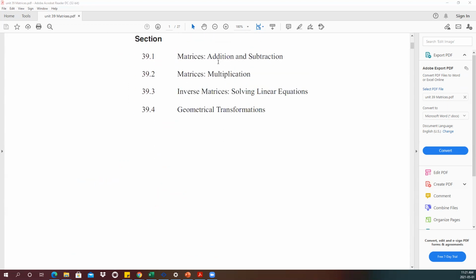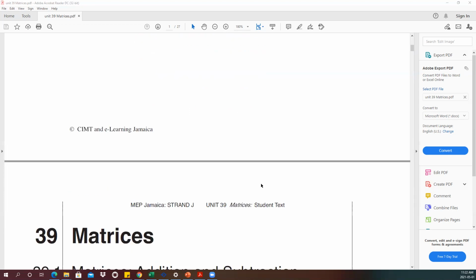What we have here is matrices, addition and subtraction, multiplication, inverse matrices, and solving linear equations. You can find the inverse of a matrix, and it helps you solve simultaneous equations really. And then you have the transformations that you can use with matrices.